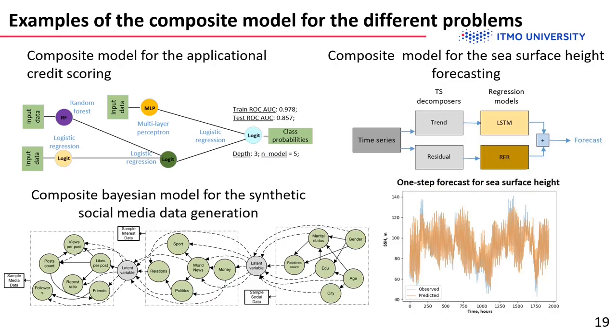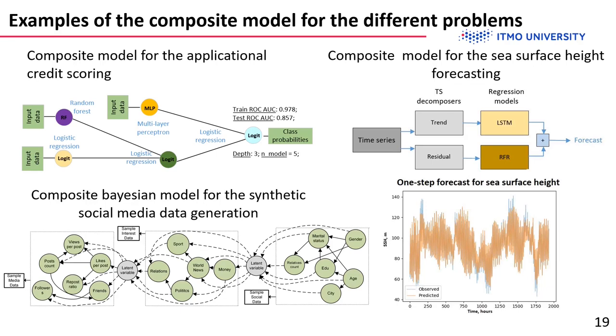The composite model itself can be applied to different problems. For example, classification problems can be solved using composite models. The example is a credit scoring problem, that is really just a detection of suspicious credit applications by the set of features obtained from the transactions or from applications.